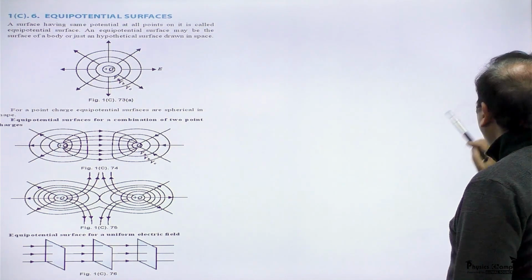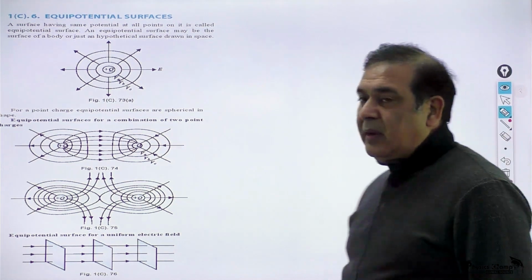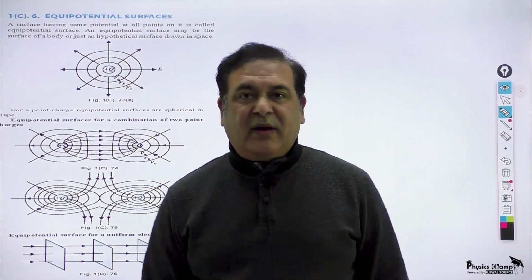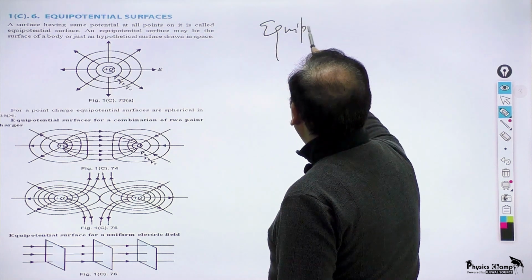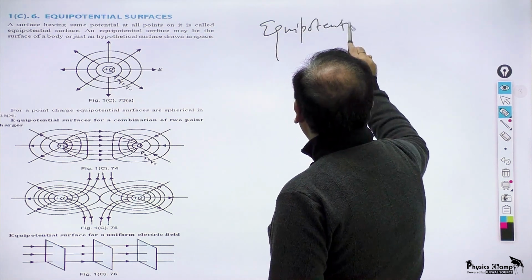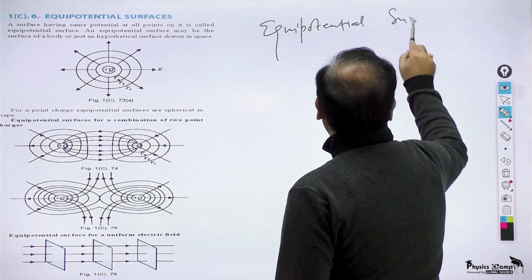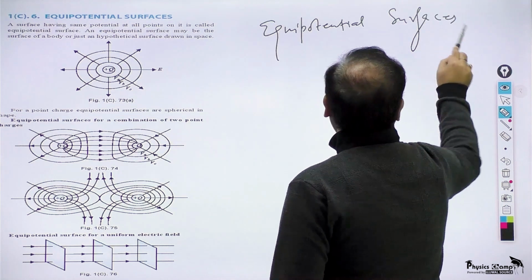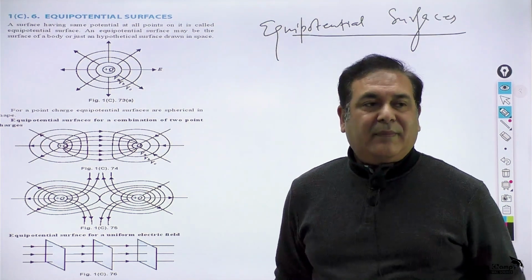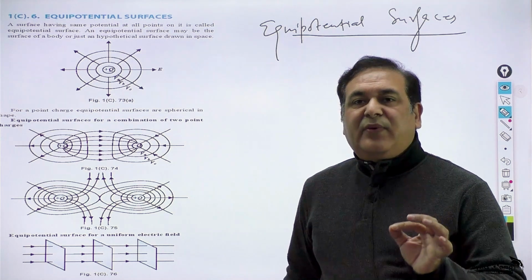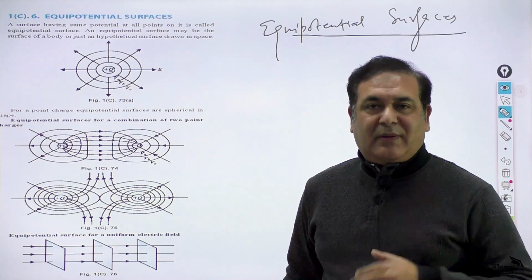Now another important term we are going to discuss here, and that is equipotential surfaces. As their name suggests, it's about surfaces with equal potential.